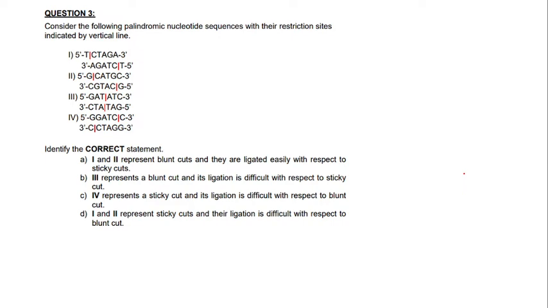Third represents a blunt cut, and its ligation is difficult with respect to sticky cut. Fourth represents a sticky cut, and its ligation is difficult with respect to blunt cut. First and second represent sticky cut, and their ligation is difficult with respect to blunt cut.